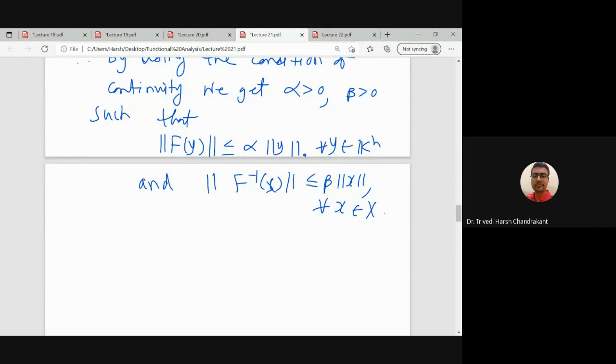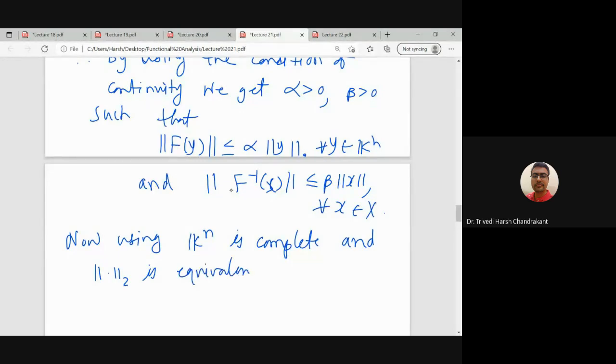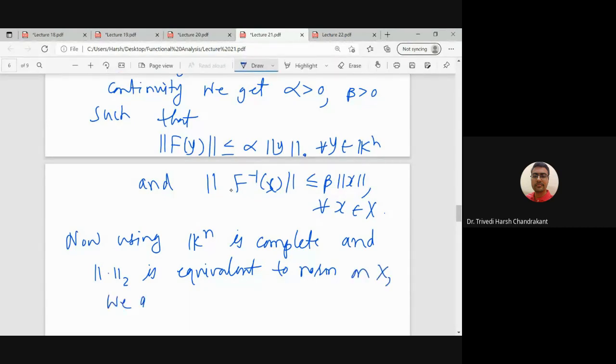Right. So now, using that Kn is complete and the 2 norm is equivalent to the norm on X, we get that X is also complete.